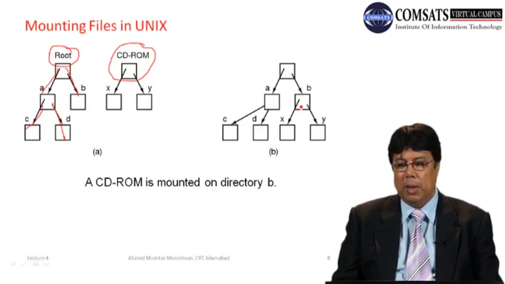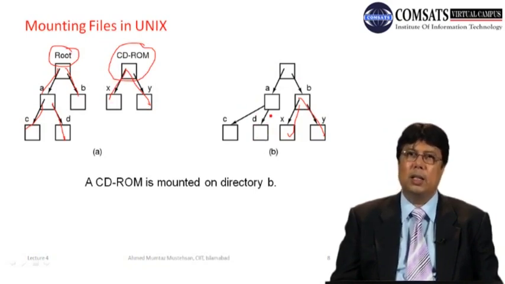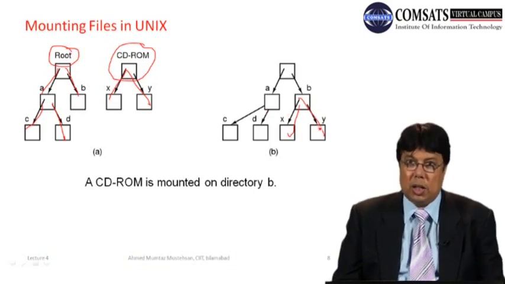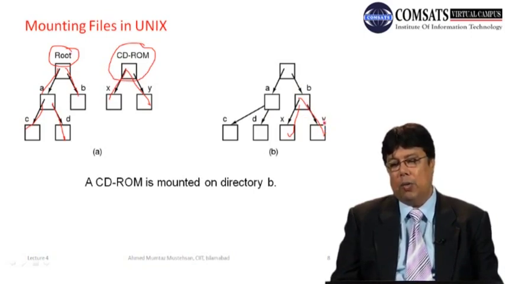So what does it mean? It means that these X and Y directories are now available within the file system of Unix. And now you can access the files on the CD-ROM just like you could access them on the hard disk, by simply stating /B/Y. So you will pick up the file from the CD-ROM, and you say /A/C, you can pick up the file from the hard disk.